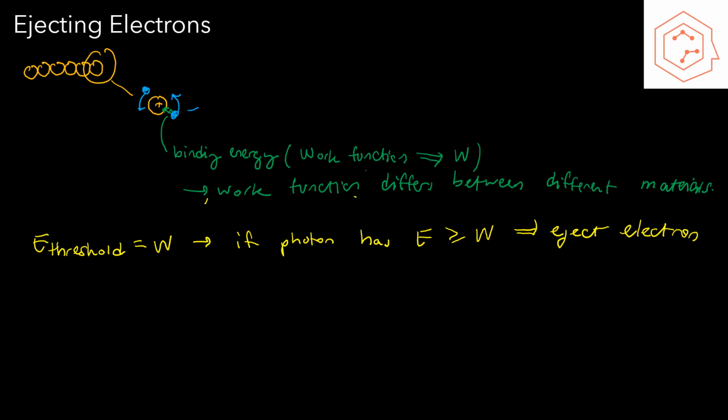If it has less energy, then the electron will not be ejected. And any excess energy, so if we have more energy than the threshold energy, then this will be transferred to the electron in the form of kinetic energy.